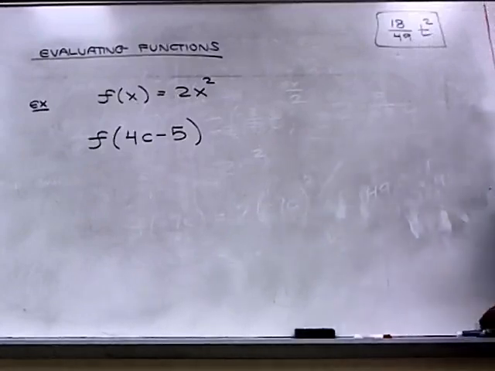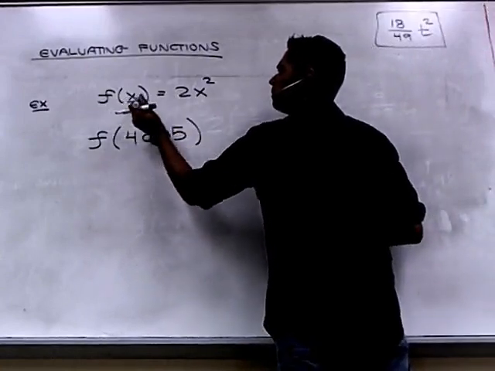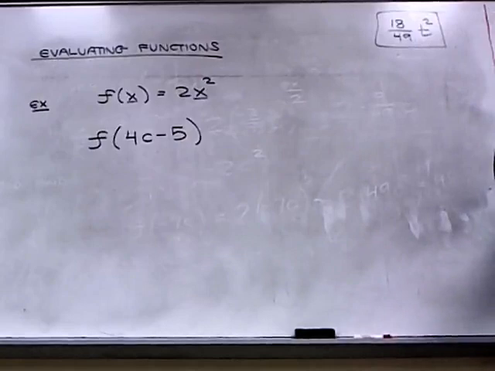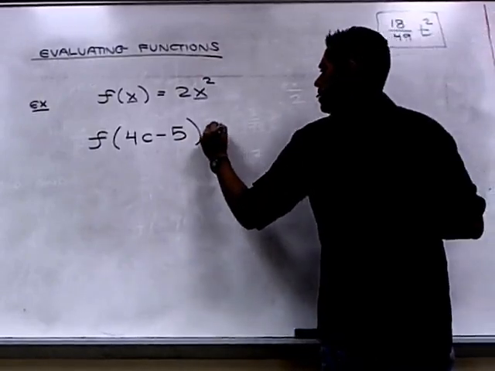So I'm replacing x, right, with what? 4c minus 5. That means that 4c minus 5 has to get squared, doesn't it? And the 2 is going to be sitting in front of it.